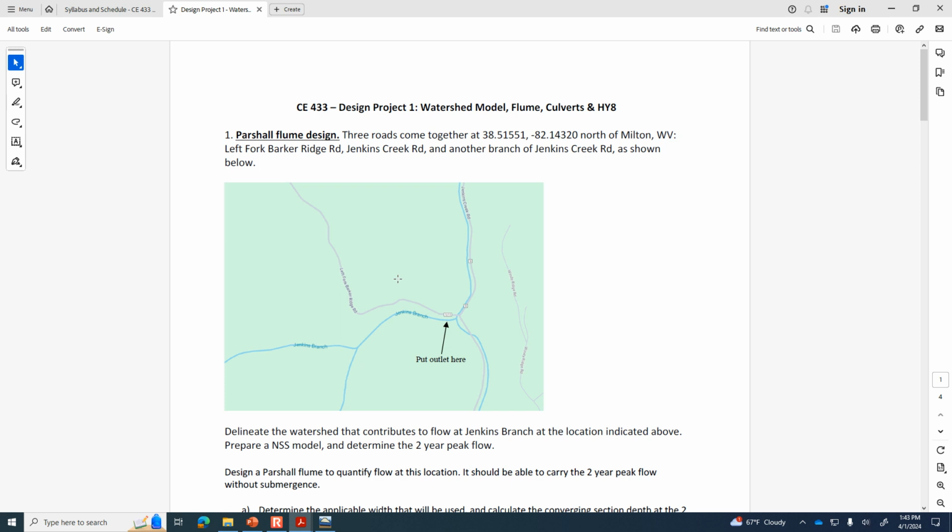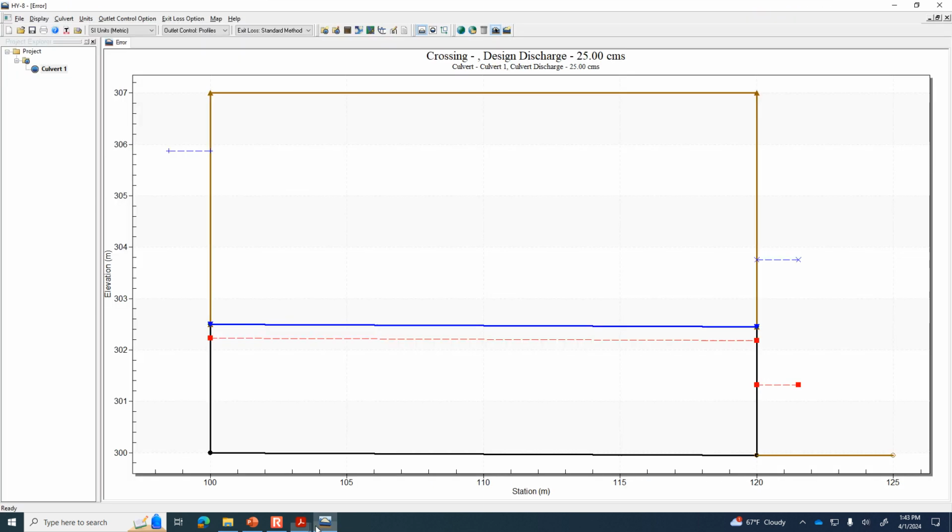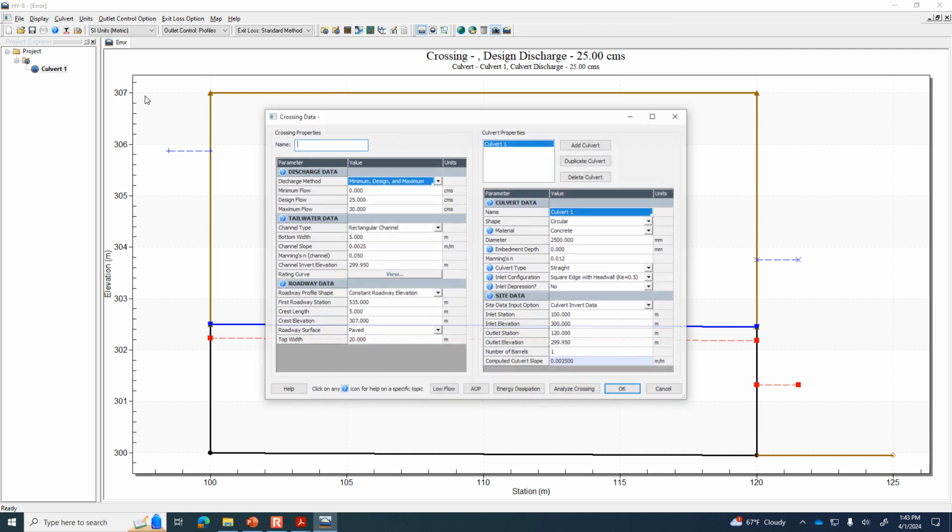You'd use a model to find out what's the runoff associated with that return period. And then with that flow rate, you'd start building a culvert and looking at how high the water level gets for a certain diameter.